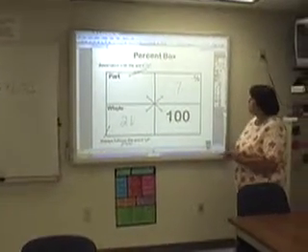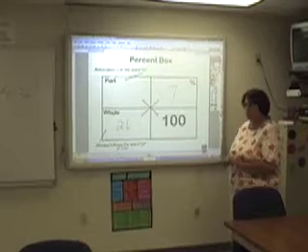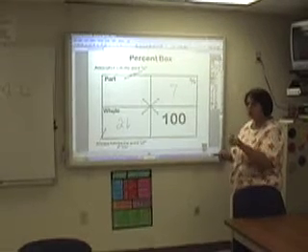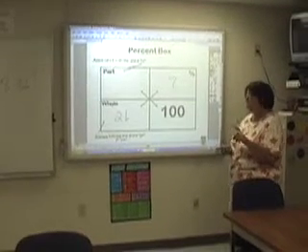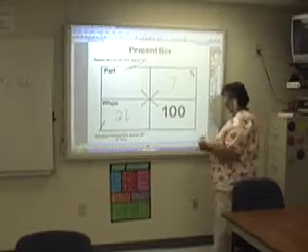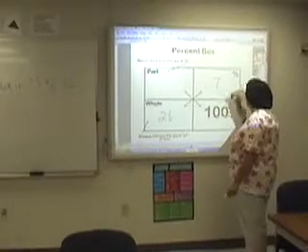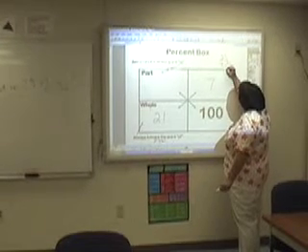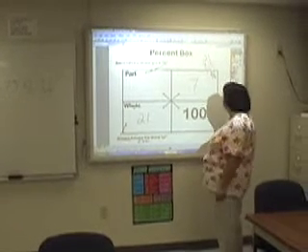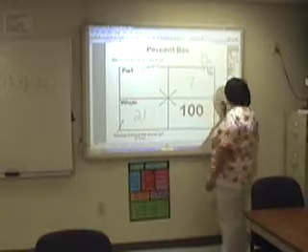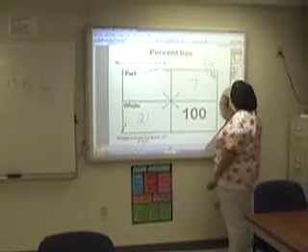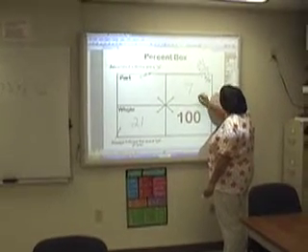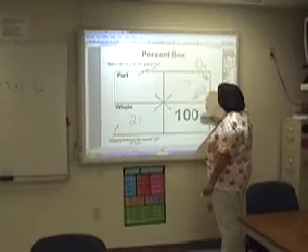So what am I going to do now? Remember our proportions. We cross multiplied, didn't we? So what am I going to multiply together here? 21 and 7. Right, I'm going to say 21 times 7. Then what am I going to do? Divide that by 100. Very good. 100 is the only thing left, isn't it? So I'm going to take 147, divide it by 100.